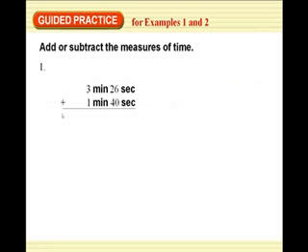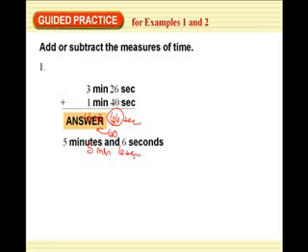So let's add these. We got 66 seconds here, right? 26 plus 40 is 66, and 4 minutes. Now this isn't simplified because it takes 60 seconds to make a minute, so we're going to take 60 out of there. It's going to become 5 minutes and 6 seconds.